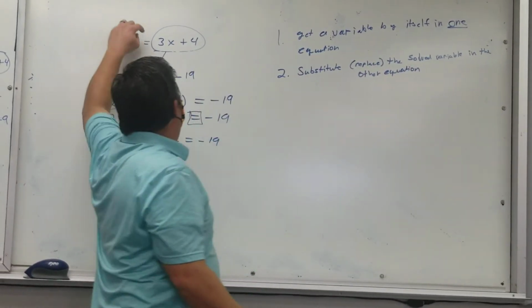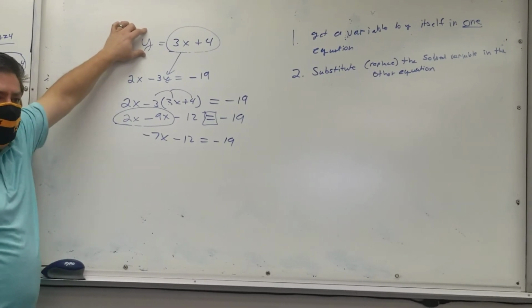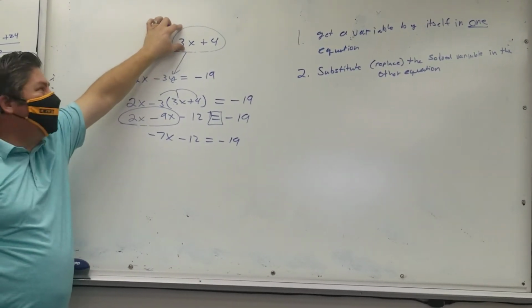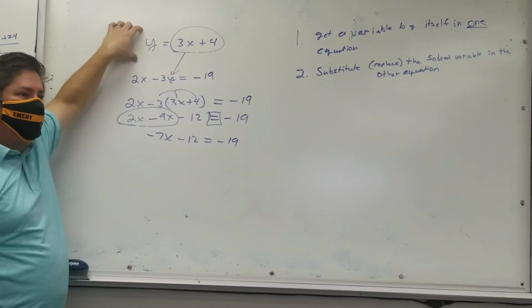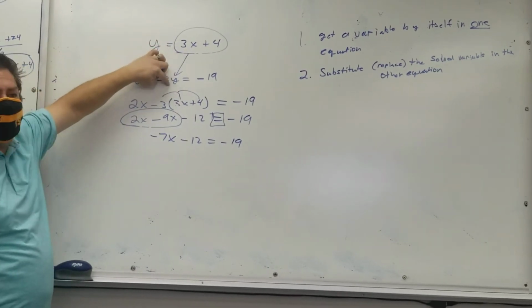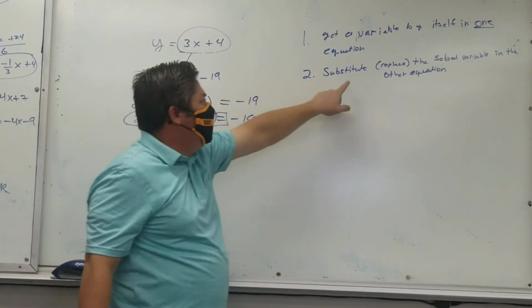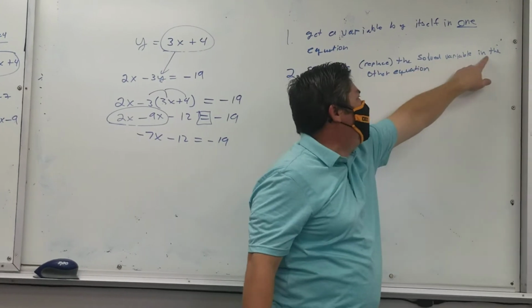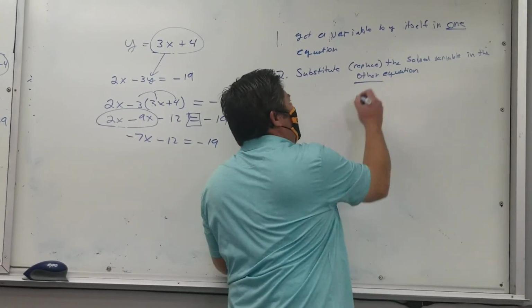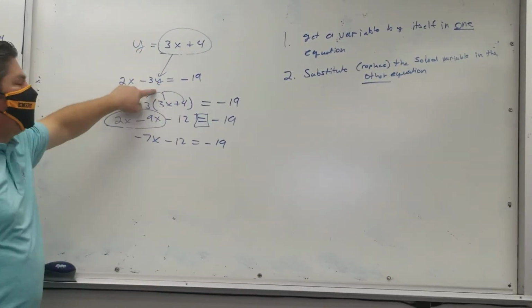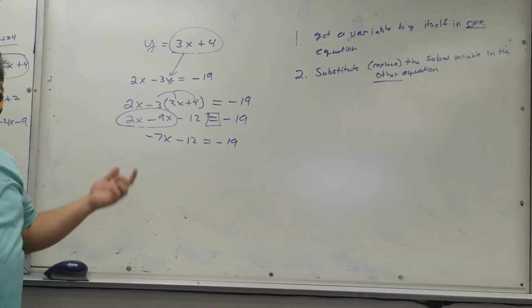Okay? So notice I have this solved variable, y equals 3x plus 4. This is the solved variable, this y. I replace it in the other equation, see? You're going to substitute or replace the solved variable in the other equation. Okay, so I replaced it right there. That was my second step.